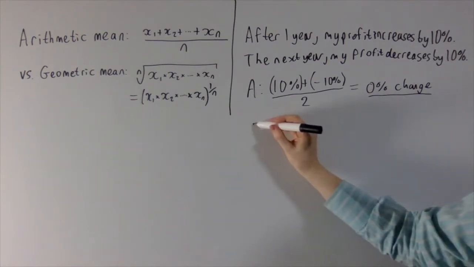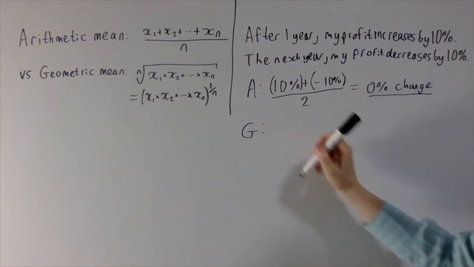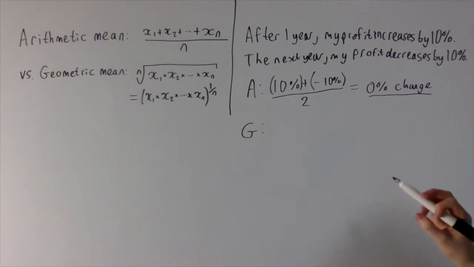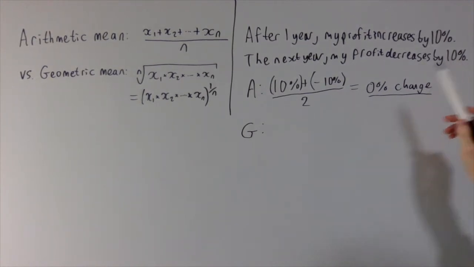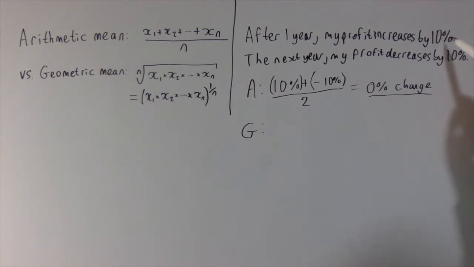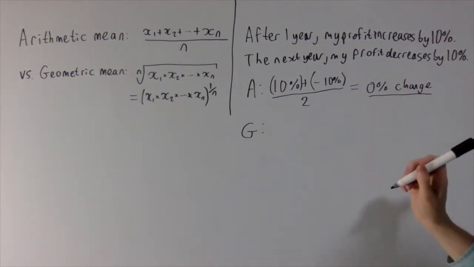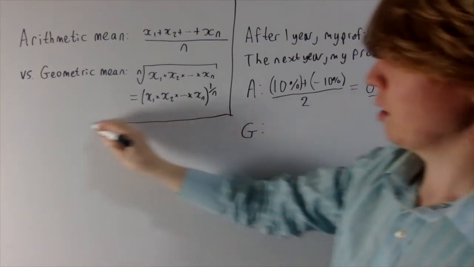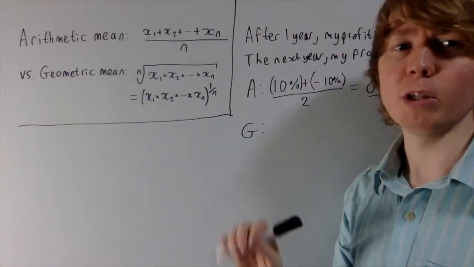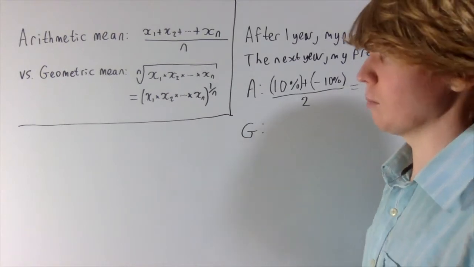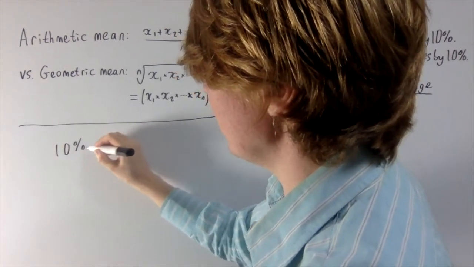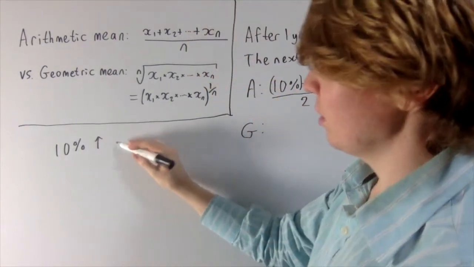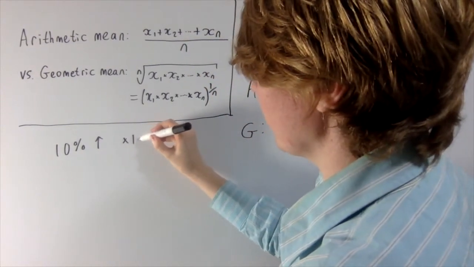Okay, so let's compare this then to the geometric mean, where it's not so clear what we do here. How do we compare these using the geometric mean? Can I do the square root of 10% multiplied by minus 10%? Probably not. But if we go to one side, let's think what happens if you increase something by 10% or decrease it by 10%. So if you have a 10% increase, this is the same as multiplying by 1.1.